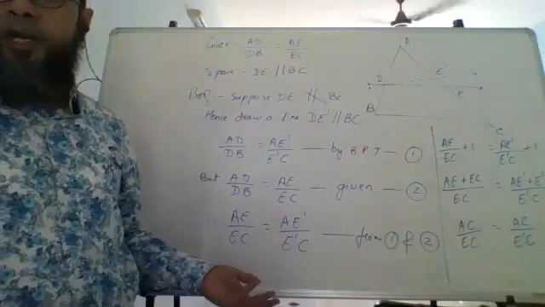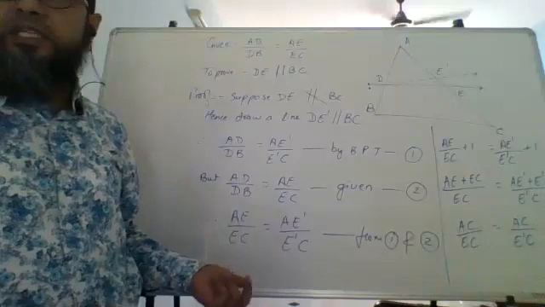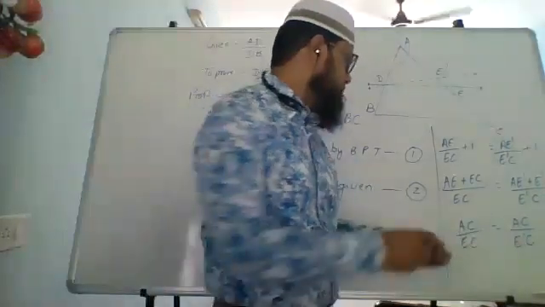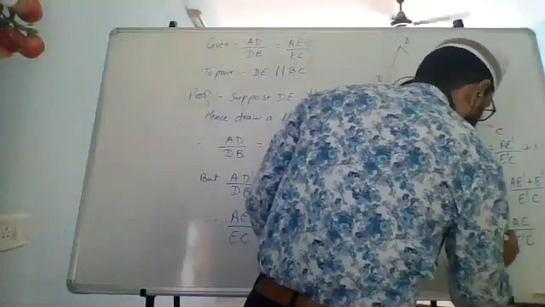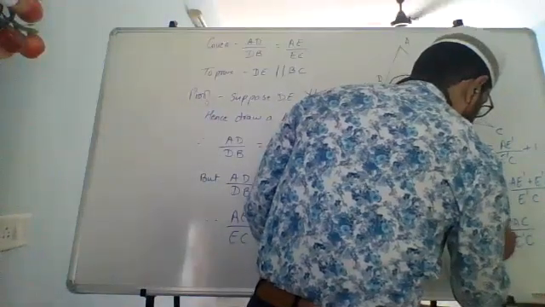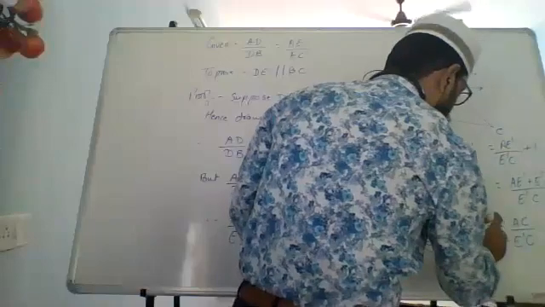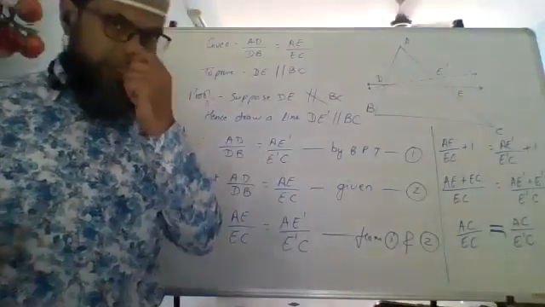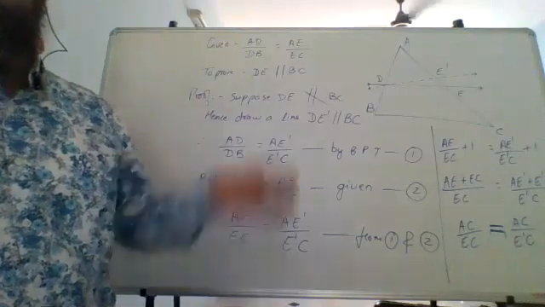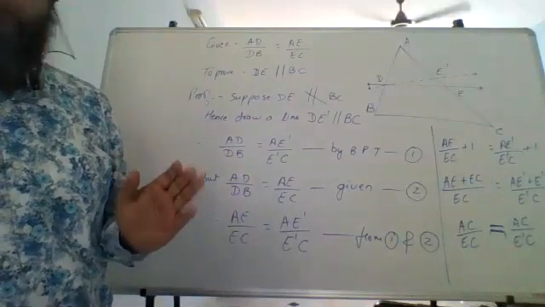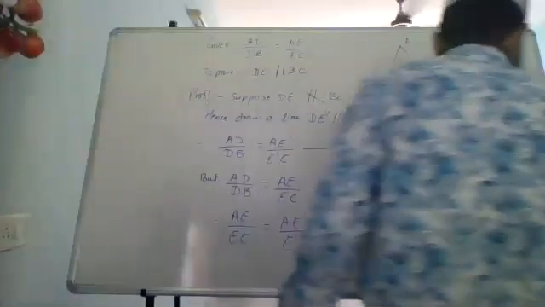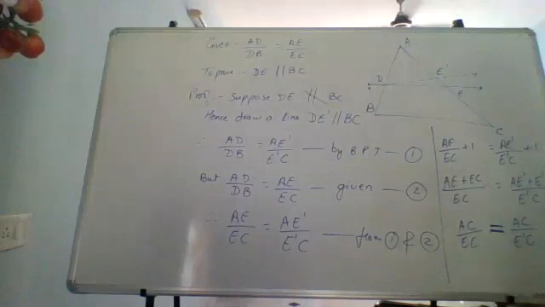So by default, the denominators also have to be equal, otherwise the ratios cannot be equal. So that means EC and E dash C are both the same.